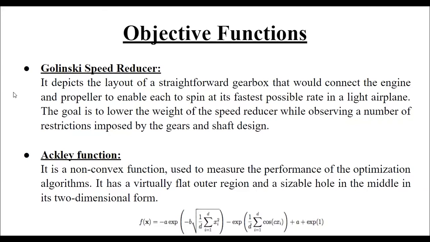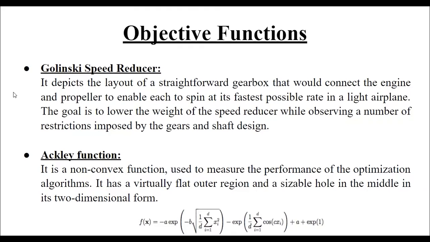So if I go on to the next function, which is the Ackley function, the Ackley function is a non-convex function which is widely used for testing optimization algorithms. In its two-dimensional form, it is characterized by a nearly flat outer region and a large hole at the center. The function poses a risk for optimization algorithms, particularly hill climbing algorithms, where there's a fear of being trapped in one of the many local minima.